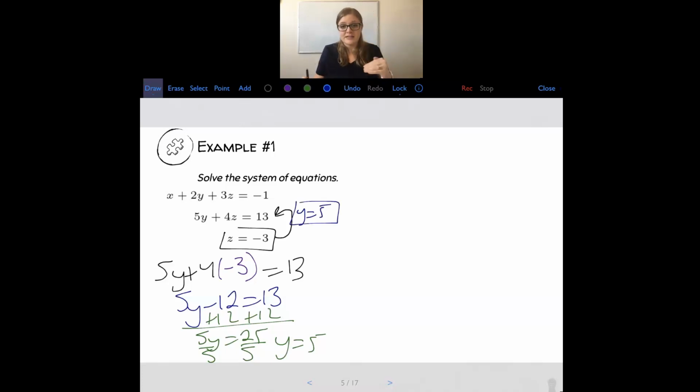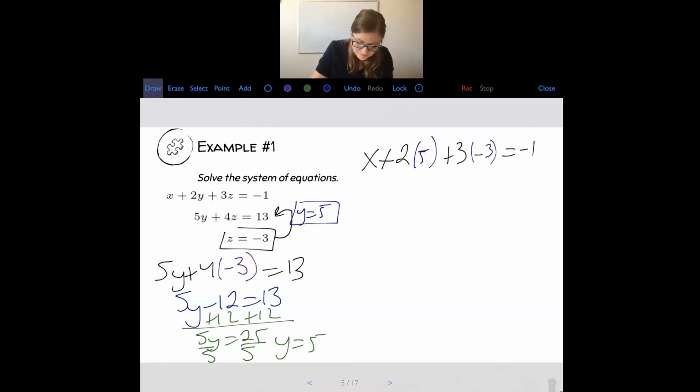Now that we have z and y, we can plug those into the first equation to find x. So we have x plus 2 times 5 plus 3 times -3 equal to -1. And then we simplify and solve from here.